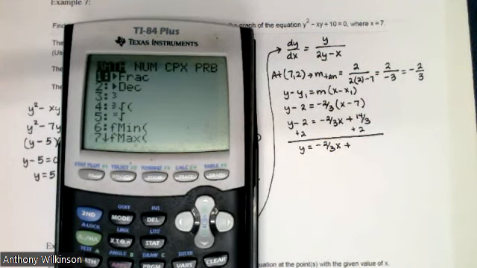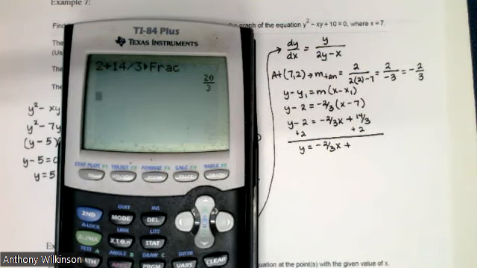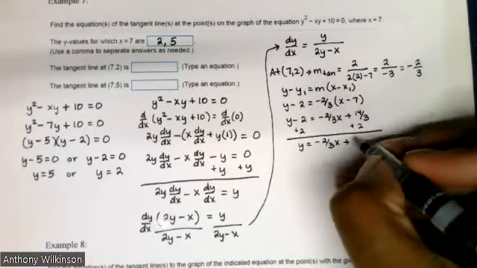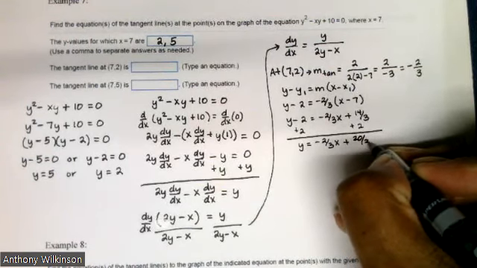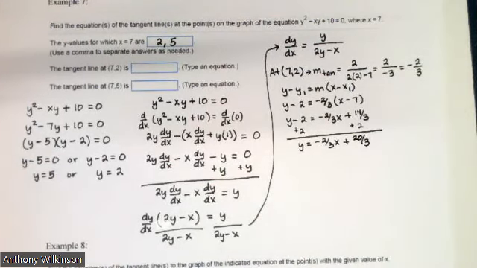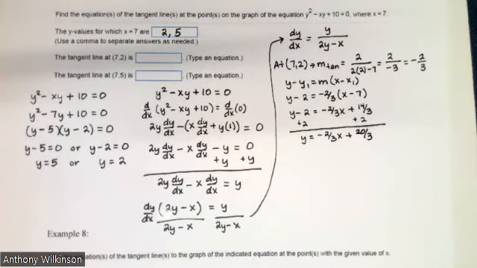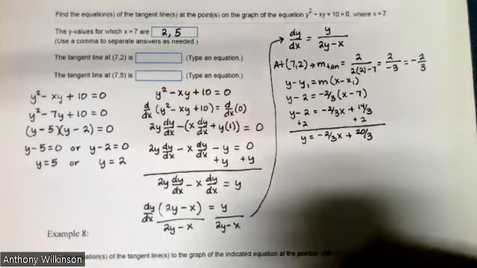Then hit your math key and then select number 1 for fraction. This will be 20 over 3. So at the point 7, 2, the equation of that tangent line would be y is equal to negative 2/3 x plus 20 over 3. That's at the point 7, 2.